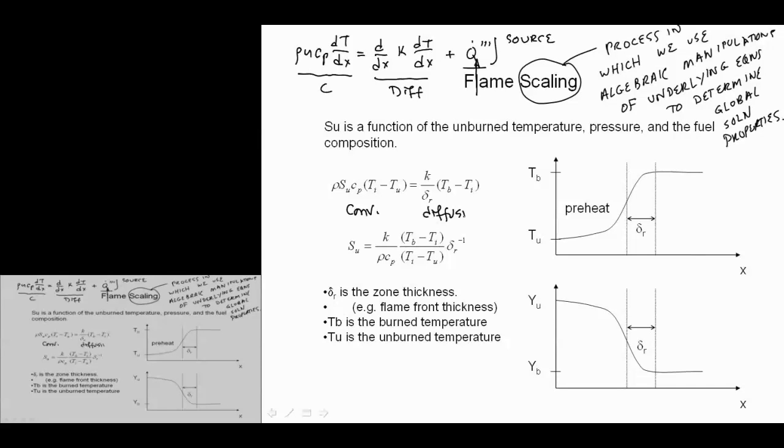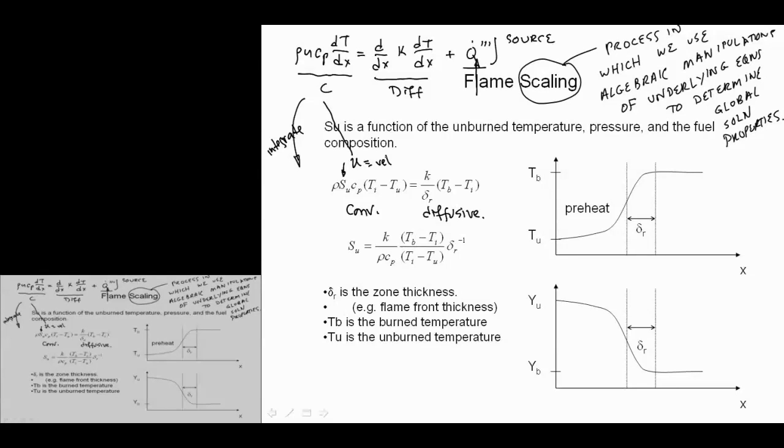I know that some of this is not intuitive, and so I'm trying to walk you through it. Now, if we integrate this term, rho u c_p dT/dx, in a constant property sense, we get rho S_L c_p (T_b minus T_u). We've assumed that the velocity we looked at above can be represented by the laminar flame speed.